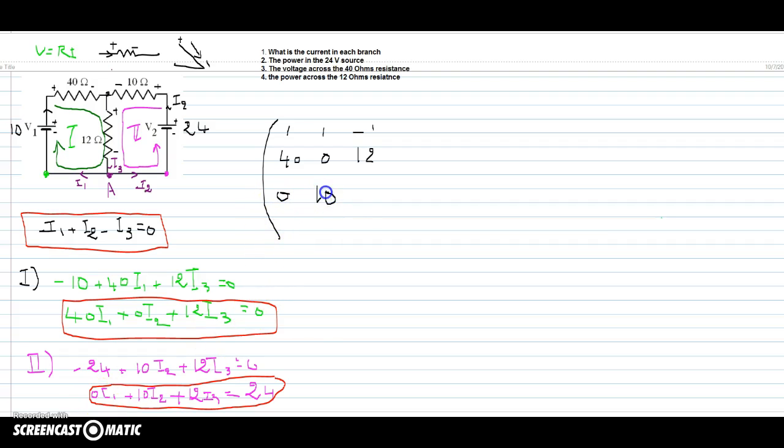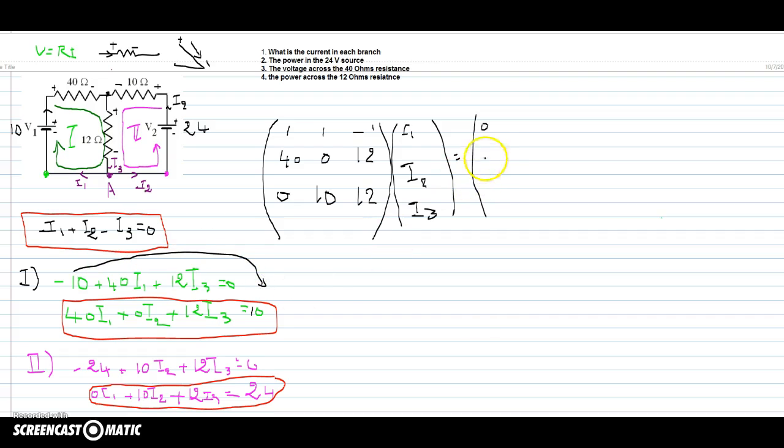So this is my matrix, the coefficients of resistance, and the current vector is I1, I2, and I3. This is equal to the column vector of the voltage, which is 0, and then this is 10, isn't it? It's not 0, this is 10. Yes, you see this 10 here has to be on the other side. So it's 10. And this is now 24.